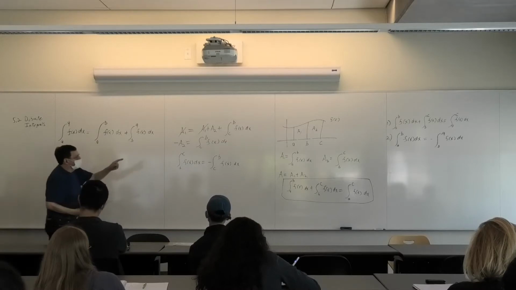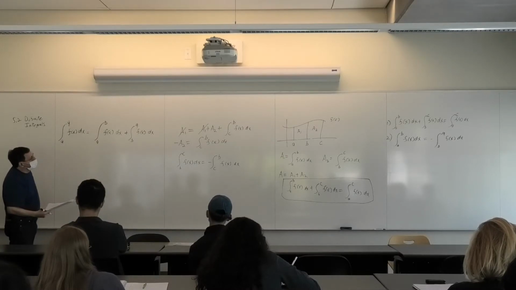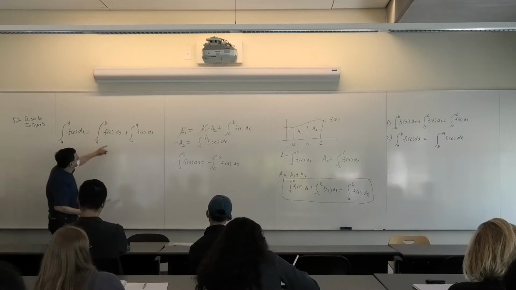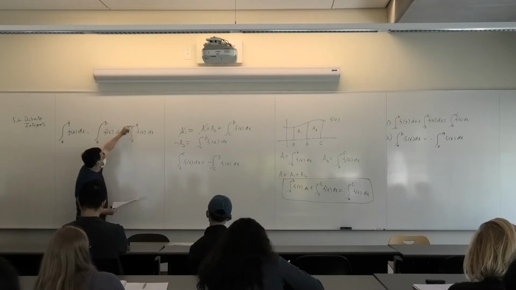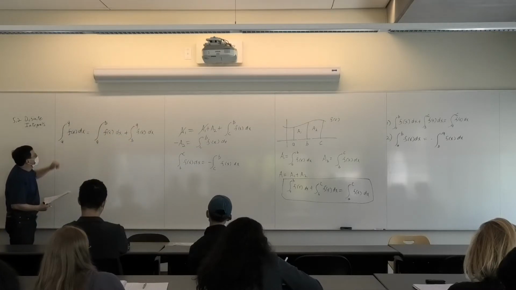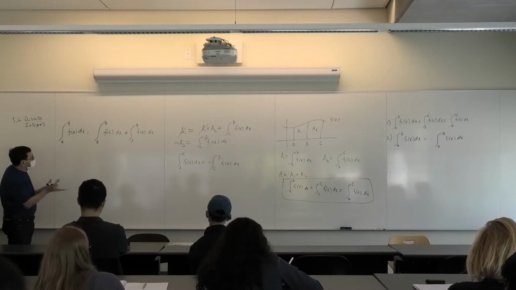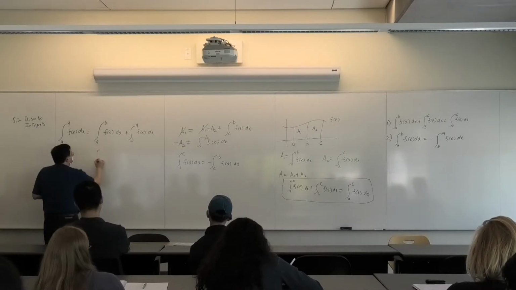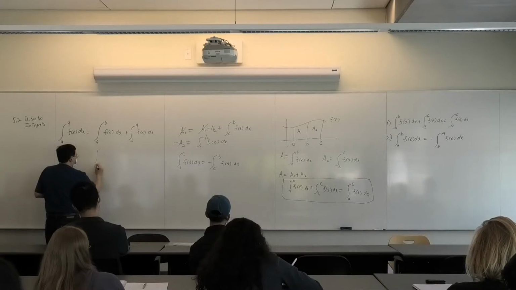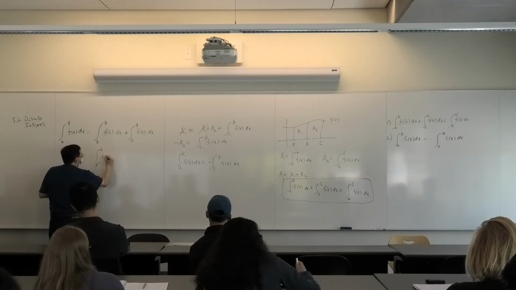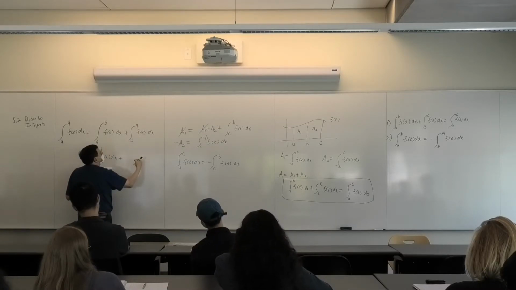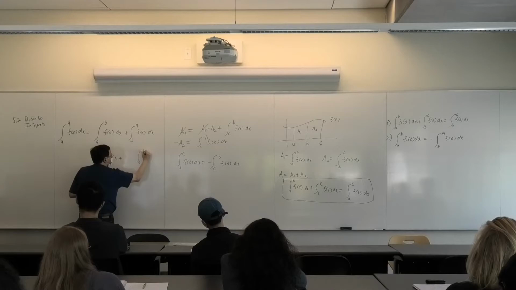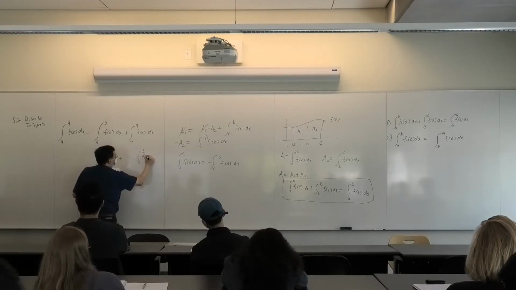Now here I'm using the first property. I'm just finding some point other than A and integrating from A to B and then from B to A, and that's just going to be the same as A to A. But according to my second property, if I reverse the B and the A here, I just get minus what I had before.